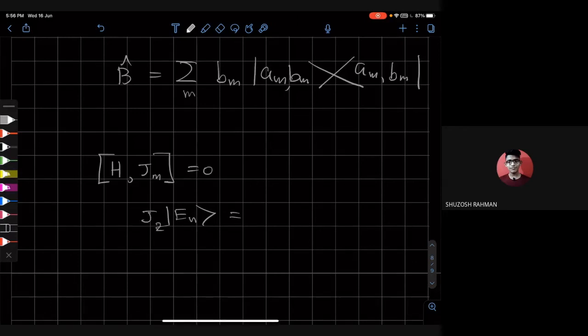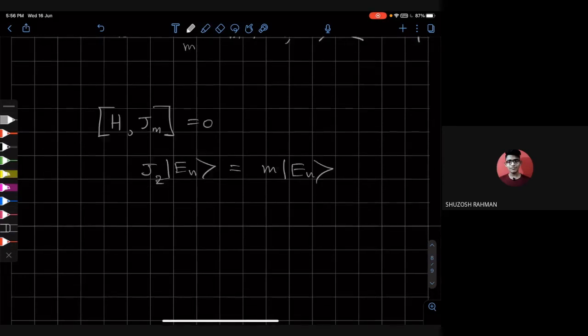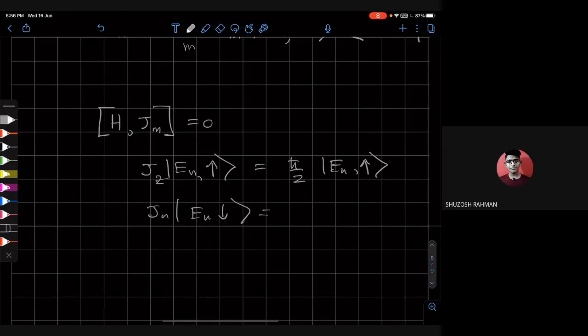Say this can have, say, plus m h bar, or there could be another state, say, with spin up, and it's going to be h bar by 2, and there is, suppose, another state with spin down which has the same energy, but its angular momentum or spin is different, right?